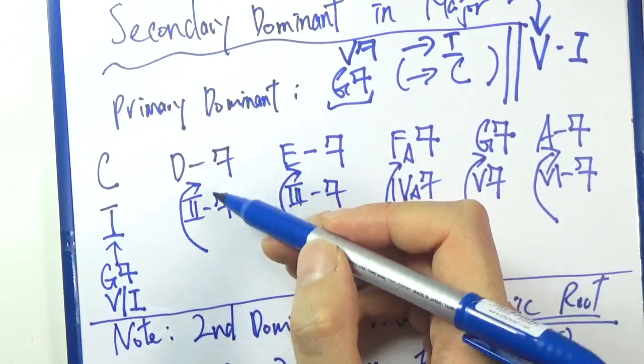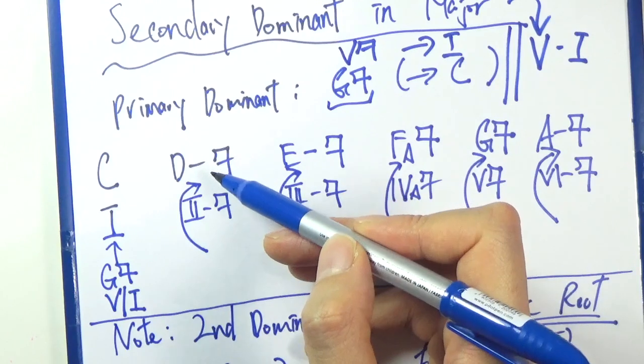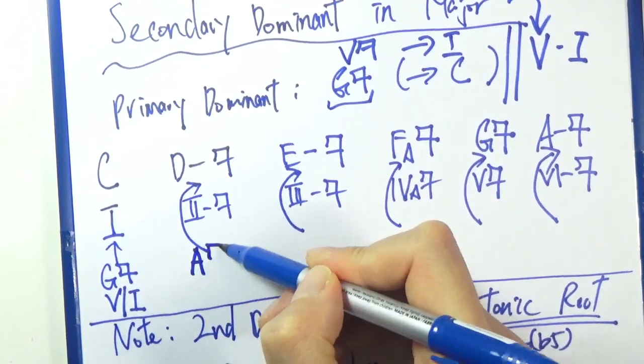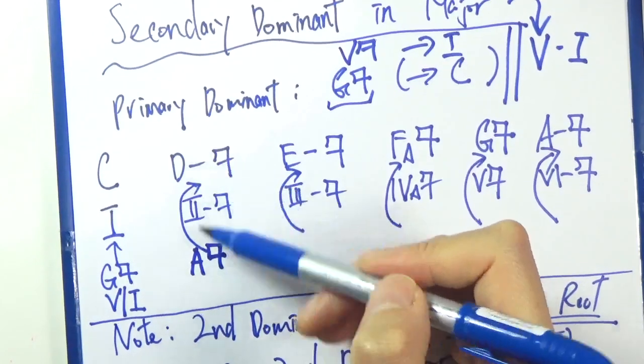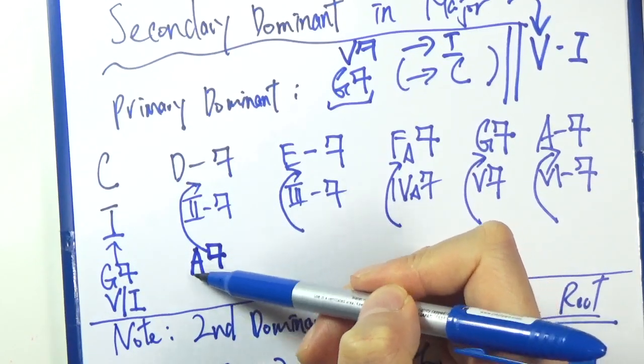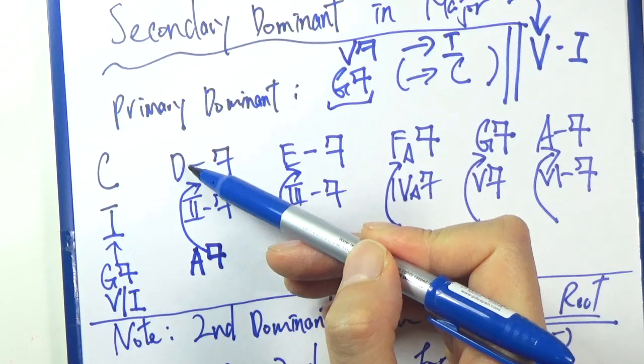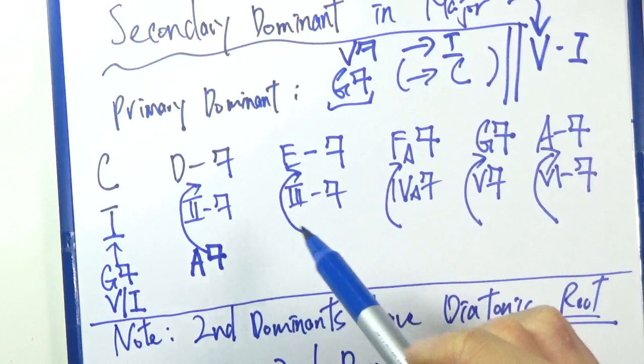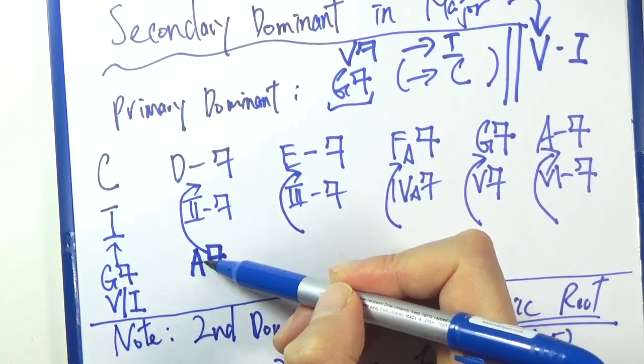All right. So D, if D were the key center temporarily, we should have A dominant 7, right? Notice one thing. A7 has to be a perfect fifth up from D, all right? And this is the requirement for each secondary dominant chord. So it has to be a perfect fifth above.